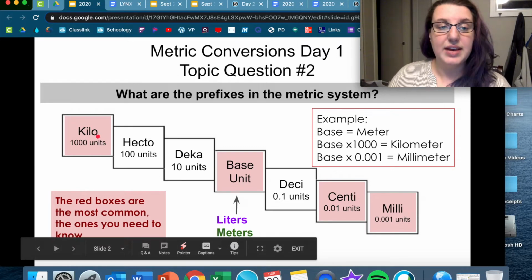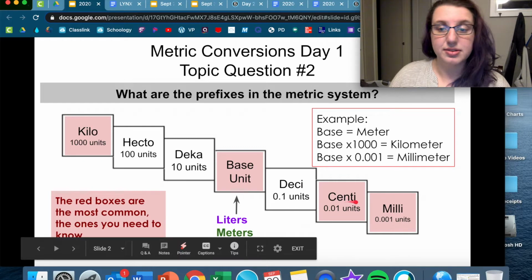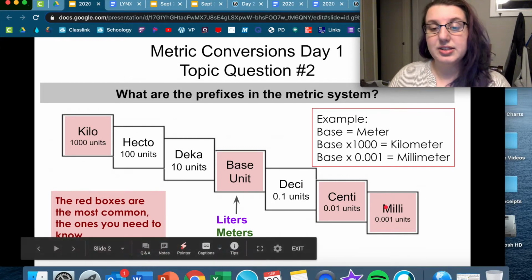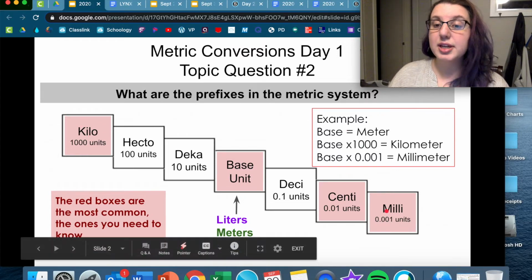So we have kilometers, hectometers, decameters, meters, decimeters, centimeters, millimeters. All of these can be combined with meters, liters, and grams to come up with our new units. You've probably heard of the most common ones already, like kilometer, centimeter, millimeter.